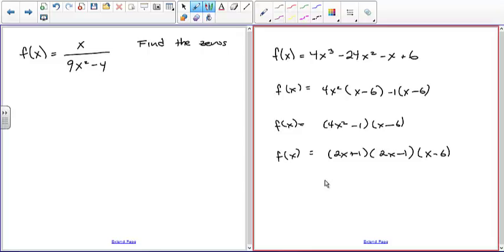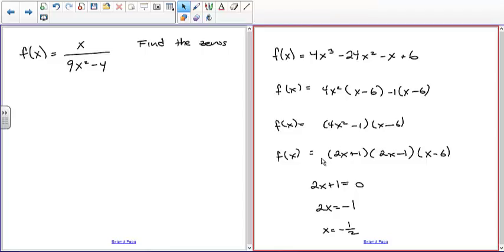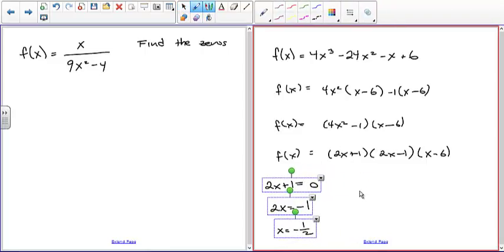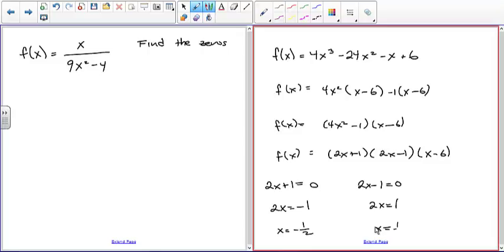So what that means is you've got 3 zeros, and you set each factor equal to 0 and then solve for x. So you'll get 2x is equal to -1, x is equal to -1/2. The second factor, you set 2x minus 1 equal to 0, 2x equals 1, x equals 1/2. And then finally you set x minus 6 equal to 0, you get x equals 6.